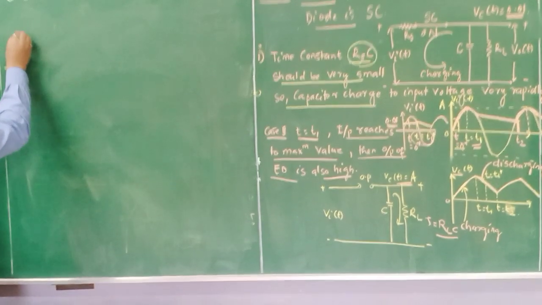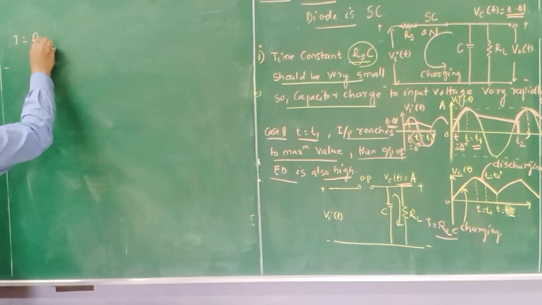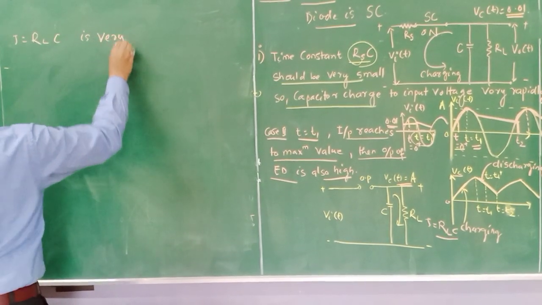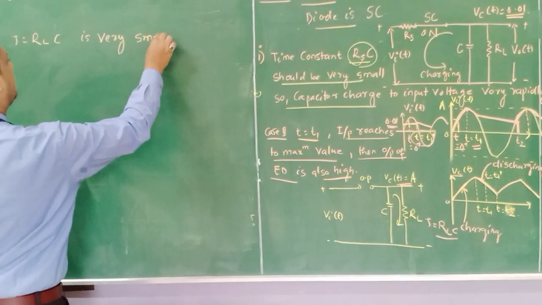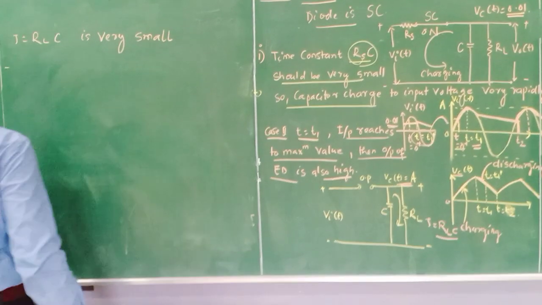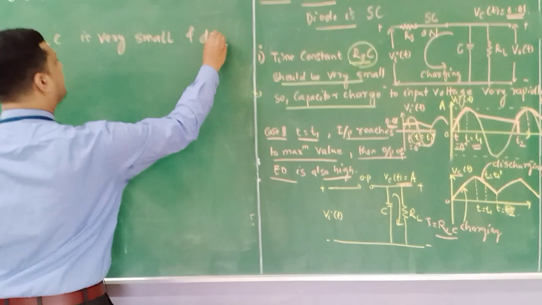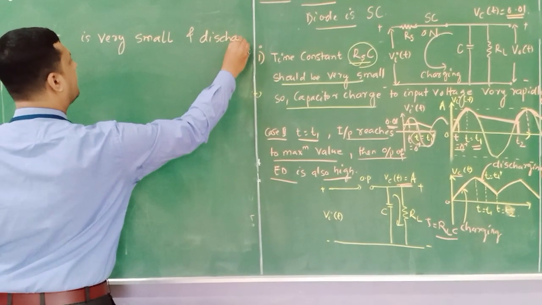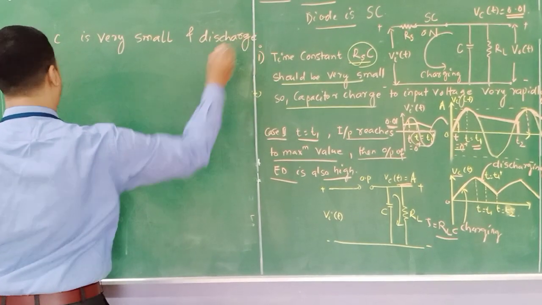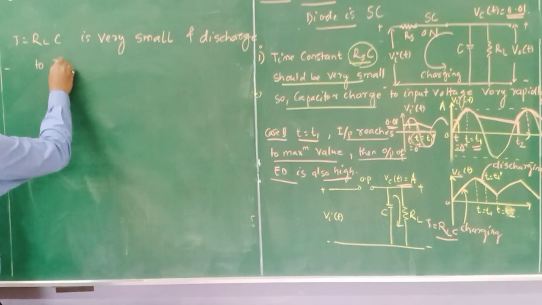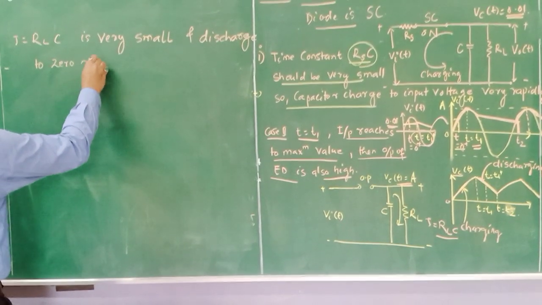First, tau equals RL into C is very small, it will discharge to zero rapidly.